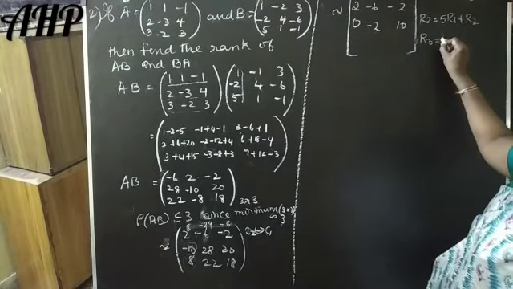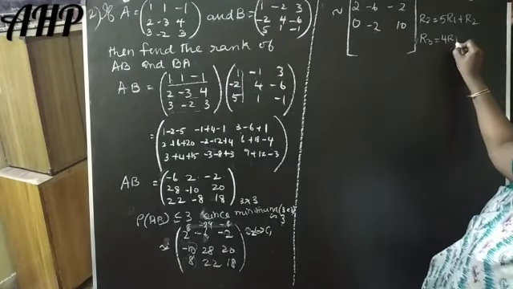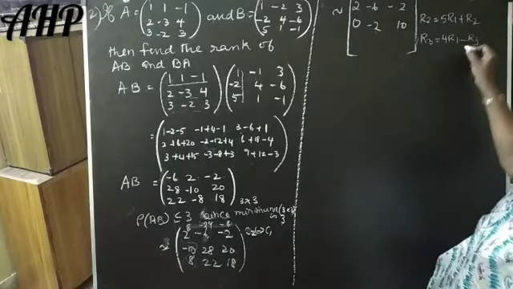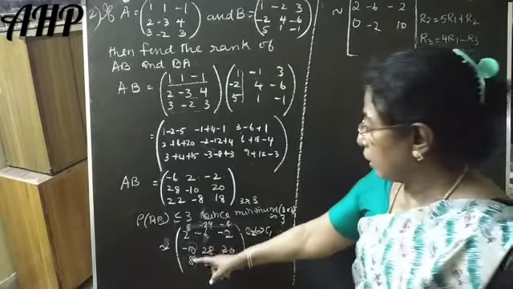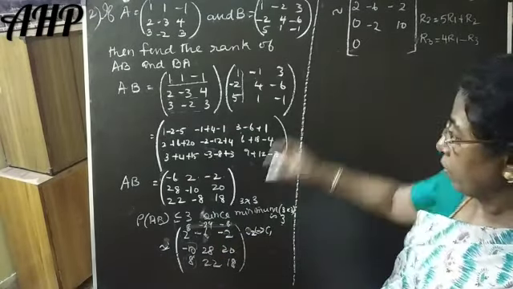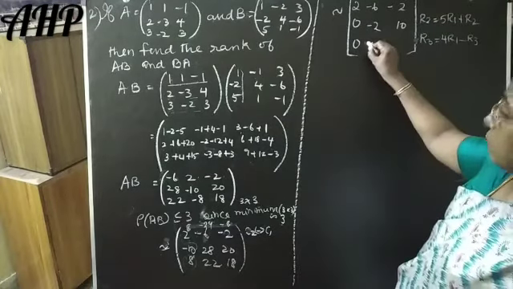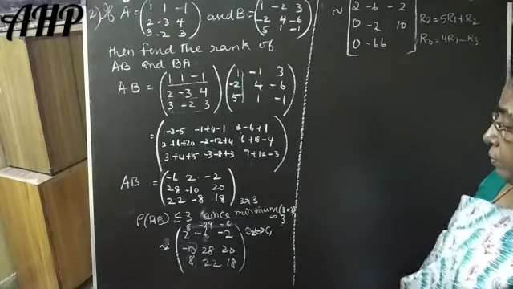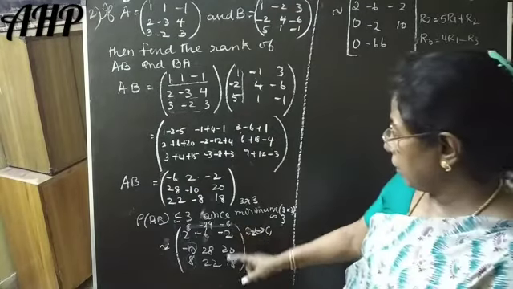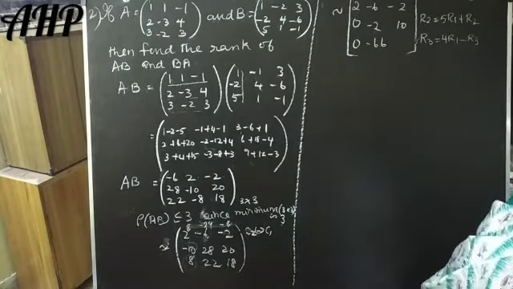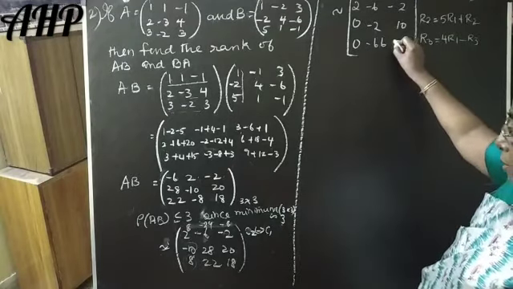R3 is equal to 4R1 minus R3. So 8 minus 8 gives you 0. Minus 24 minus 22 gives you minus 46. Then minus 8 minus 18 is going to be minus 26.